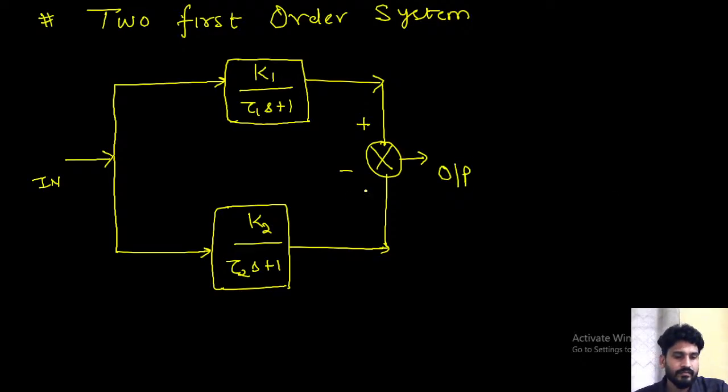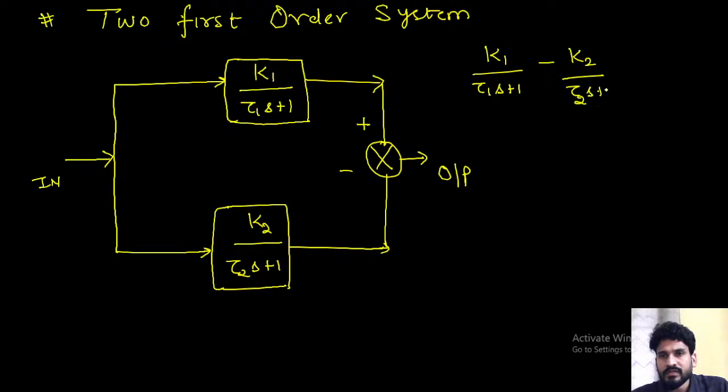It is clear, right? So these are showing the inverse response. For that, this is k1 divided by (tau 1 s plus 1) minus k2 divided by (tau 2 s plus 1).